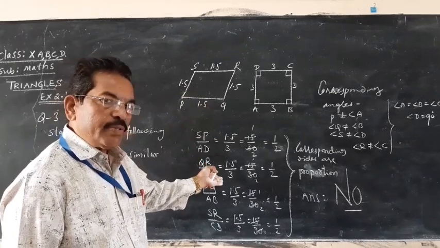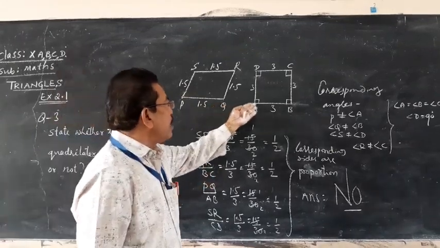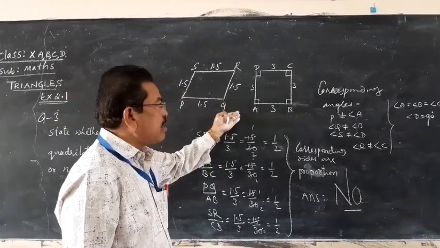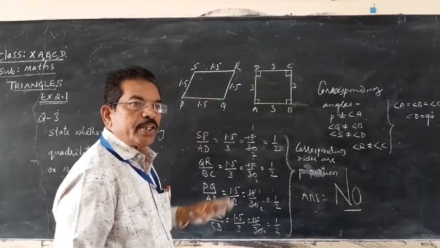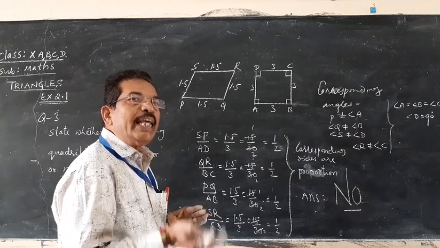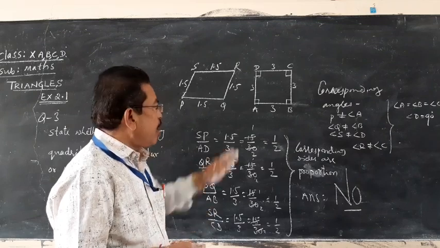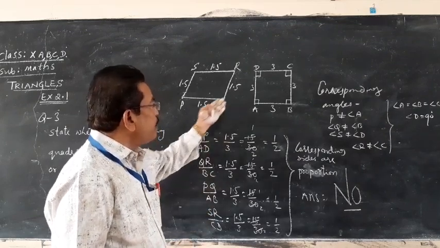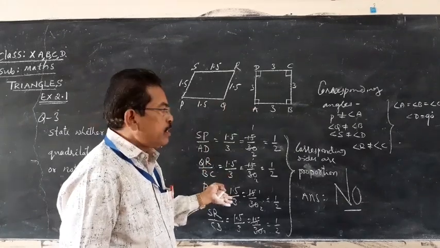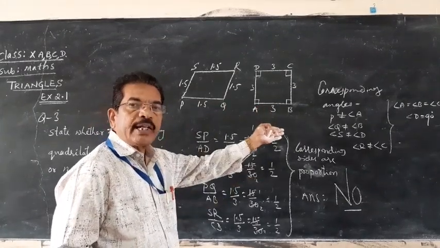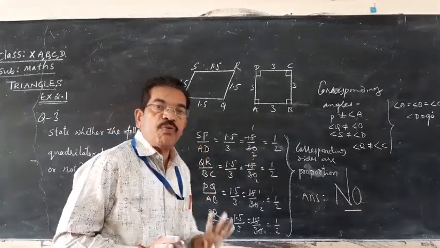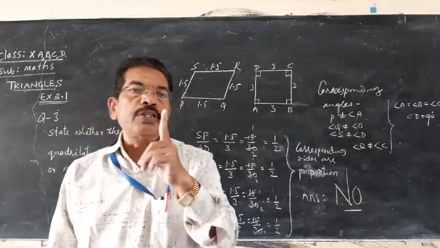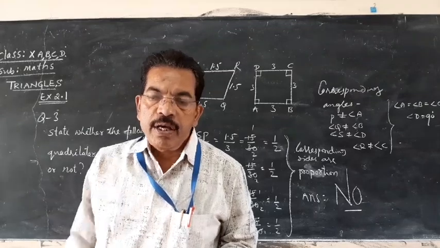Simply by observation, the corresponding angles are not equal, therefore the figures are not similar. But to make it more clear, I have shown that even if the sides are proportional, the corresponding angles are not equal. That is why the figures given are not similar ones. Okay, write down.